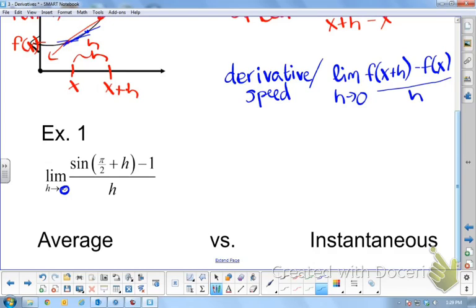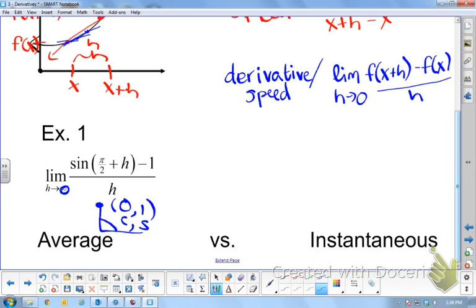What does sine of pi halves have? Sine of pi halves is 1, and cosine of pi halves is 0. Unit circle. We're looking at this point here. This point is 0, 1, and it goes cosine, sine.